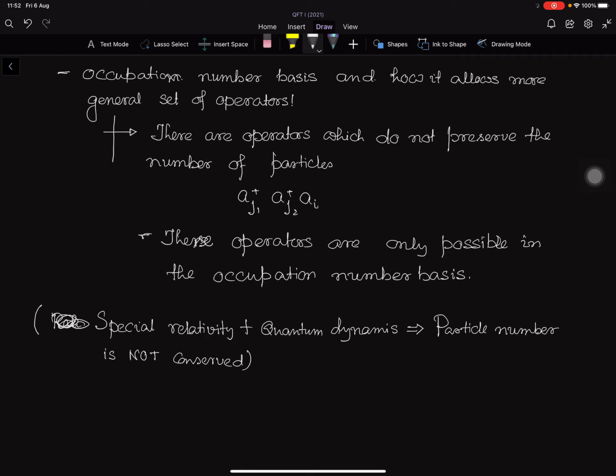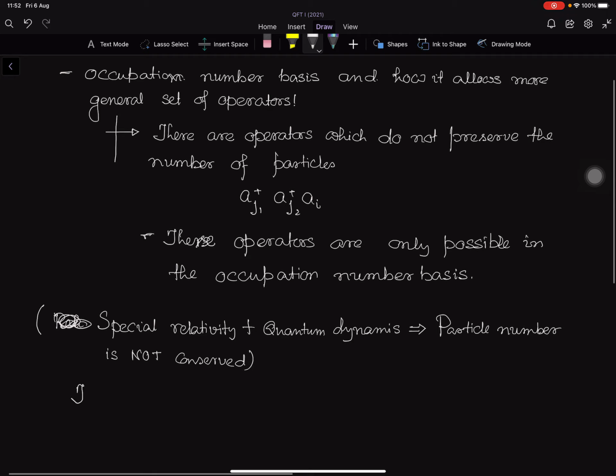In the language of Steven Weinberg, there is nothing like relativistic quantum mechanics.